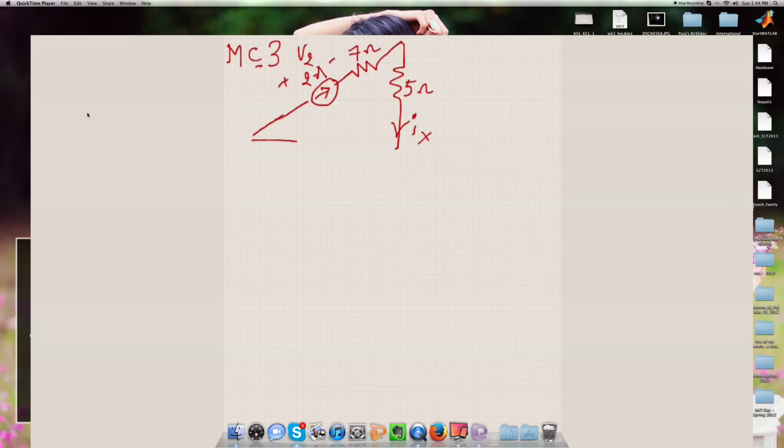Here is a voltage source, minus on the left and plus on the right. Going towards this node and extending here, there is another resistor. Here is a diamond and another resistor.